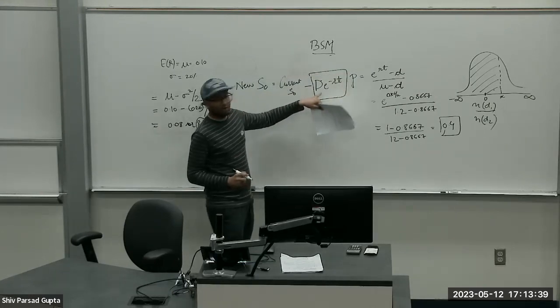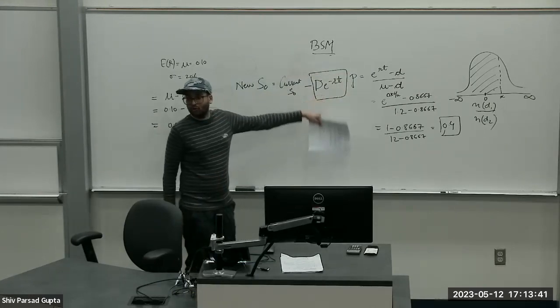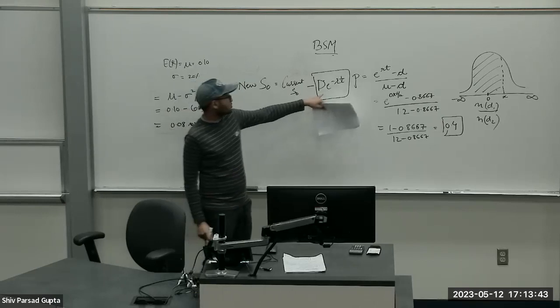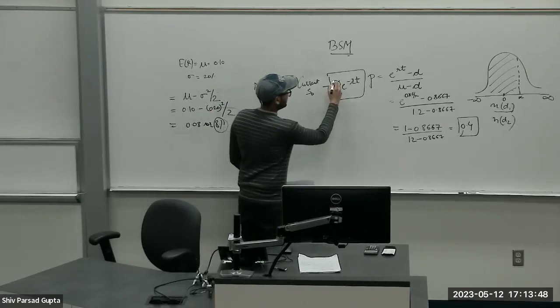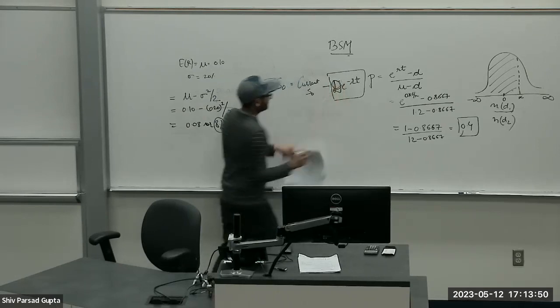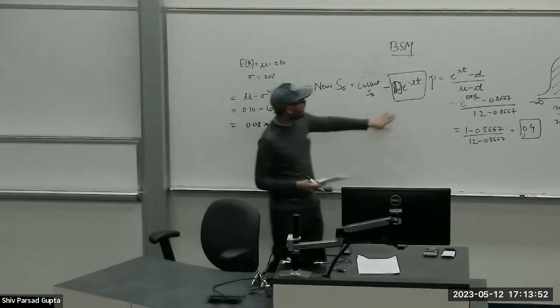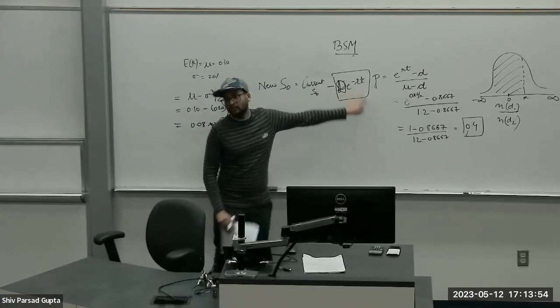We have used this a lot of times, I think in homework 2 also, when we calculated the present value of dividend. D is basically dividend. Present value of dividend is basically D e to the power minus R.